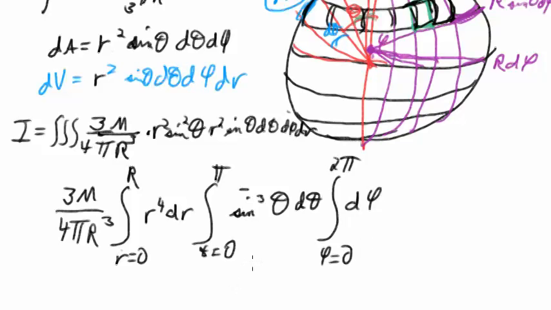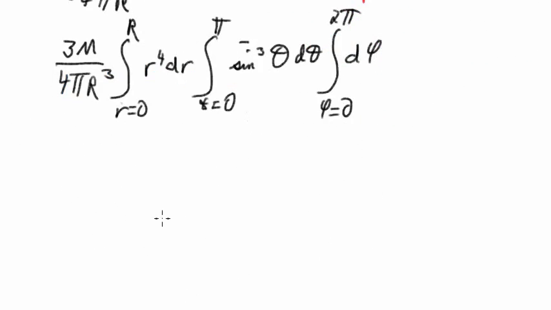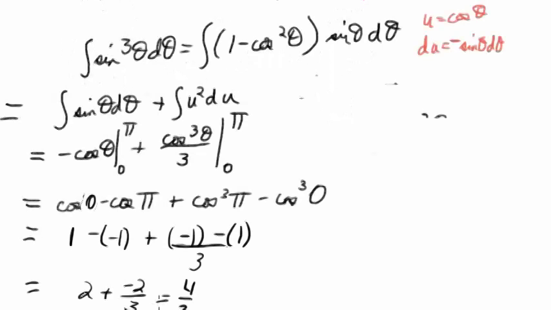The most challenging part of this is the integral of sine cubed. So the hardest part is taking the integral of sine cubed of theta. I replace sine squared with 1 minus cosine squared theta, leaving the sine theta. Then I'm going to use a u substitution, setting u equals cosine theta and du equals negative sine theta d theta. This 1 times sine theta d theta stays out here, integral sine theta d theta.